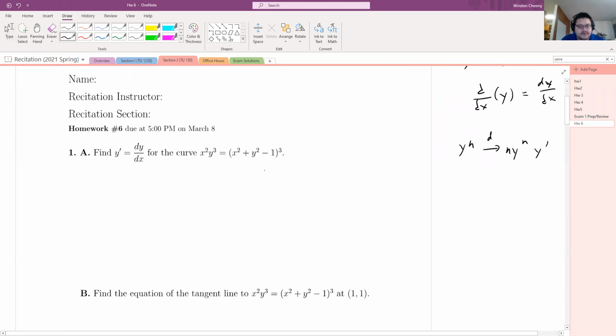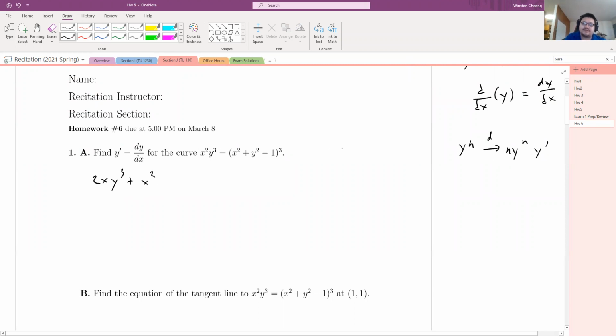So for this, we start off with the left-hand side, and that's just a product rule. So you should be able to take the derivative pretty quickly. The derivative of x squared is just 2x. We copy down the y cubed, and then we say plus, and now the other half: x squared times the derivative of y cubed.